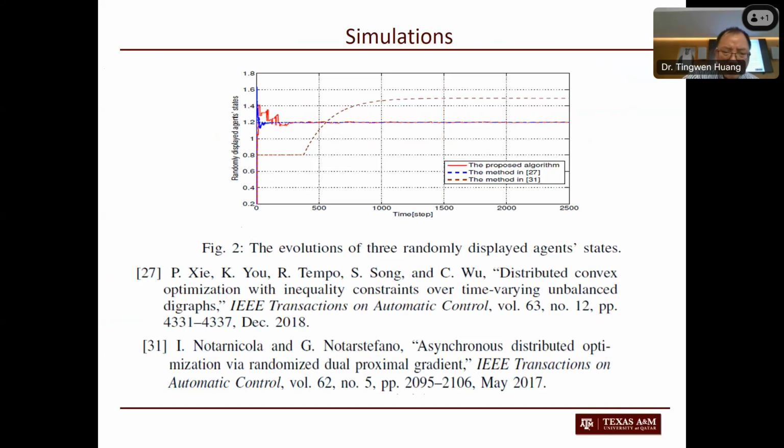The other one is from the paper published in IEEE Transactions on Automatic Control in 2017 by Doctors Notarnicola and Notarstefano, with a paper entitled Asynchronous Distributed Optimization via Randomized Dual Proximal Gradient.